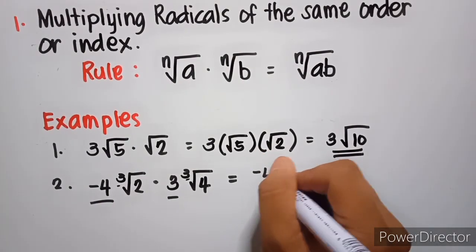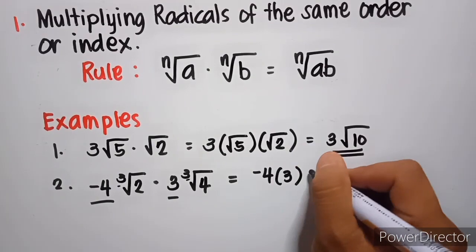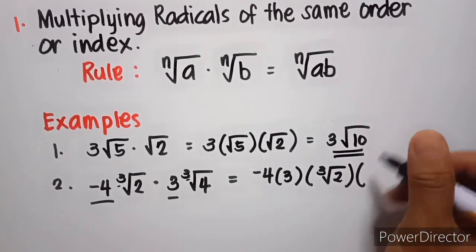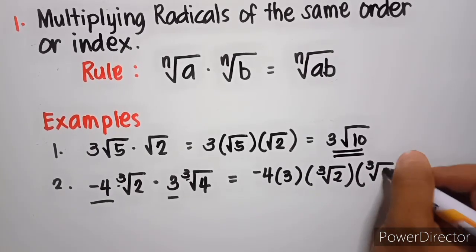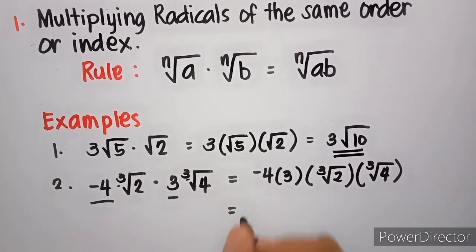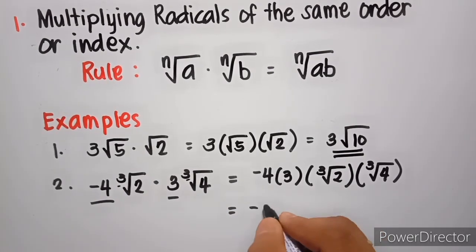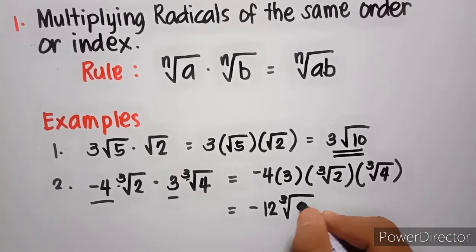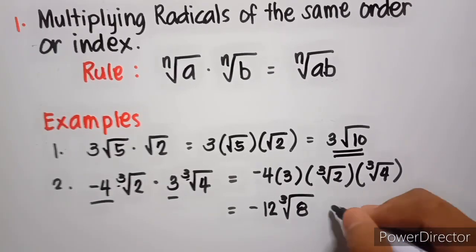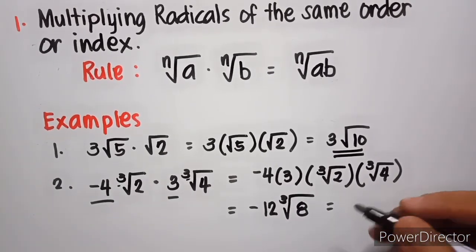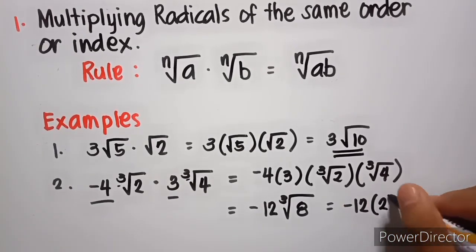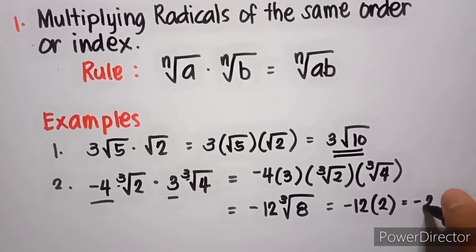So negative 4 times 3 times cube root of 2 times cube root of 4. That is equal to negative 4 times 3, that is negative 12. Then copy the index, which is cube root. Then 2 times 4, that is 8. Since cube root of 8 can be simplified, this is equal to negative 12 times 2. So the answer is negative 24.